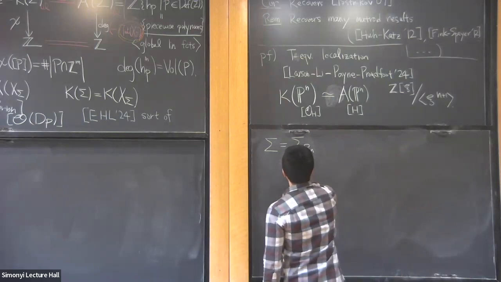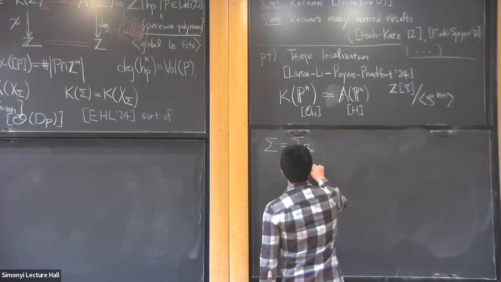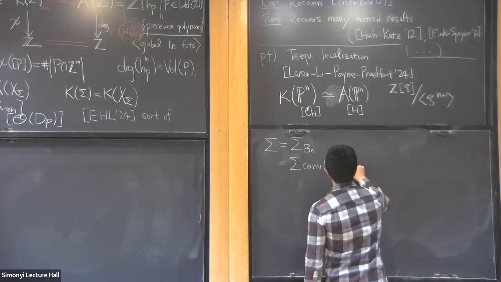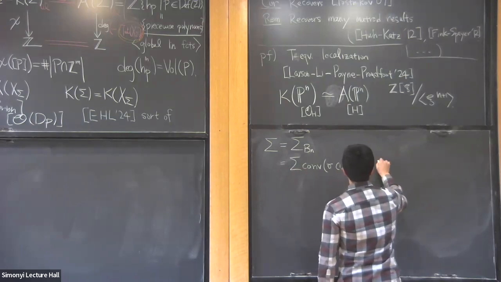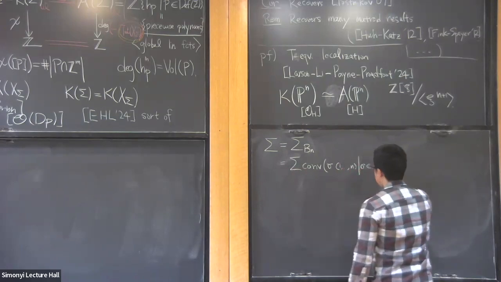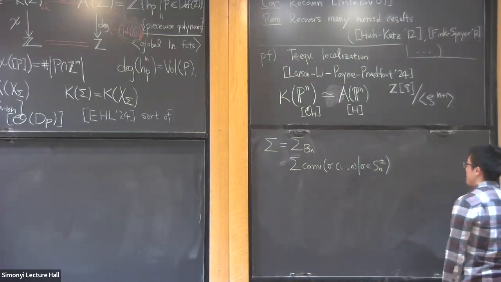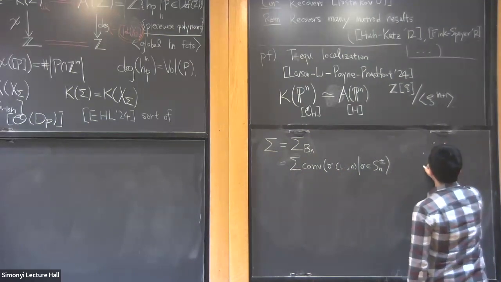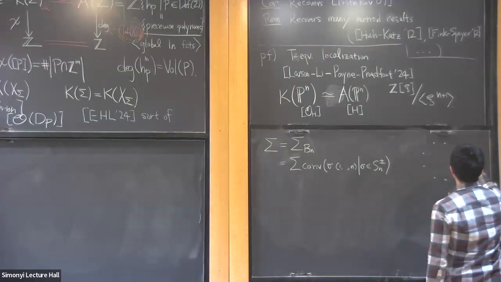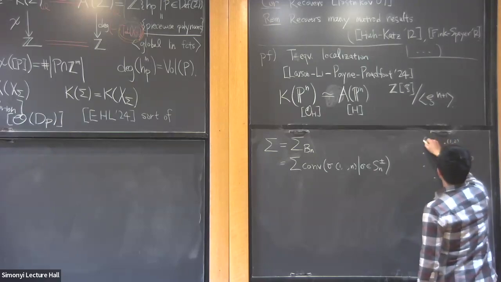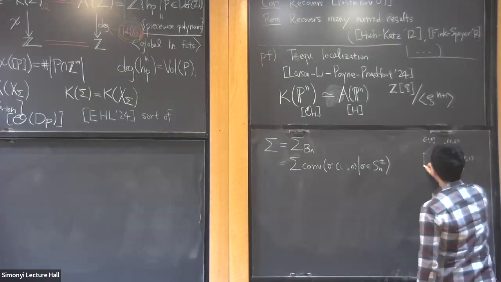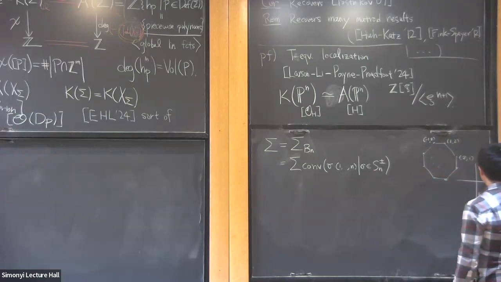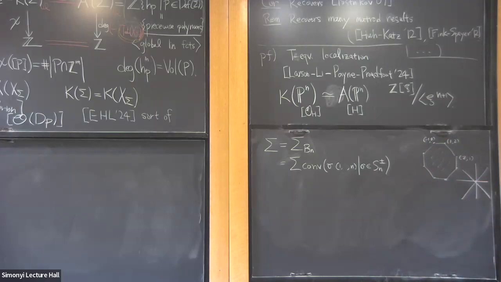By definition, this is the convex hull of all sign permutations of the vector (1, 2, ..., n). When n equals 2, the polytope looks something like this. So this would be (2, 1), (1, 2), (-1, 2), and so forth. And you take the hull. So this would be B_2.